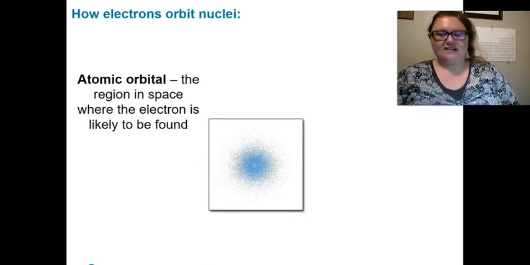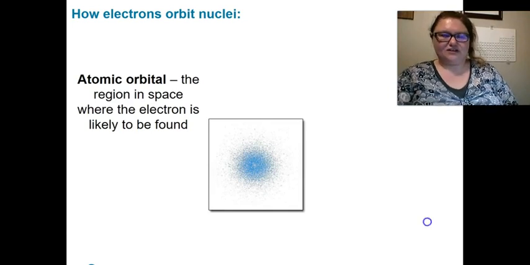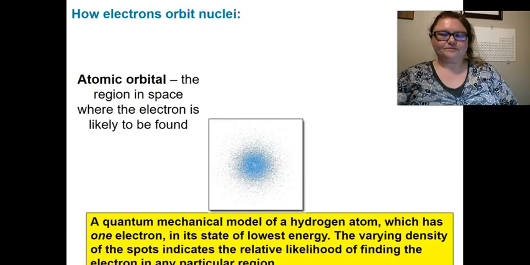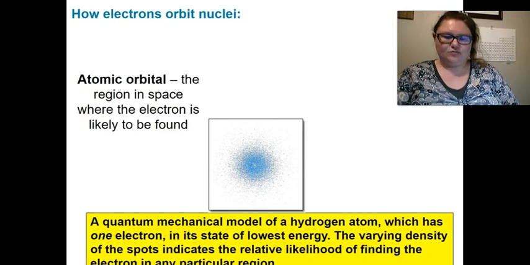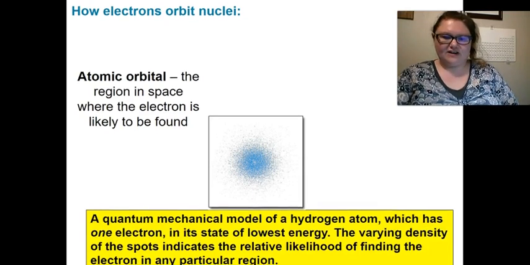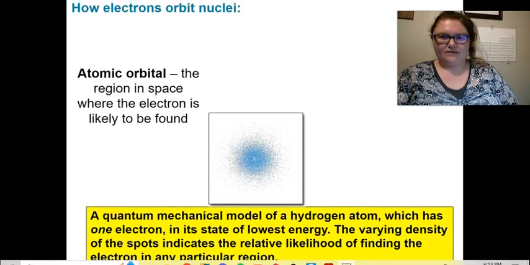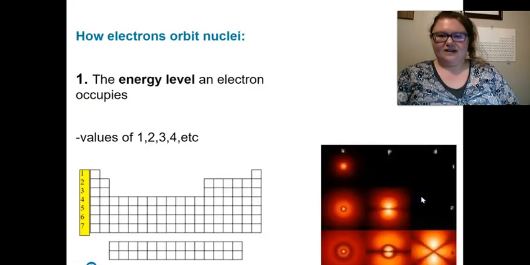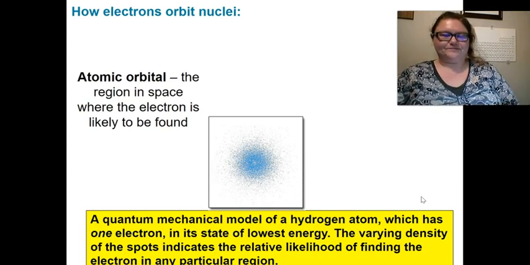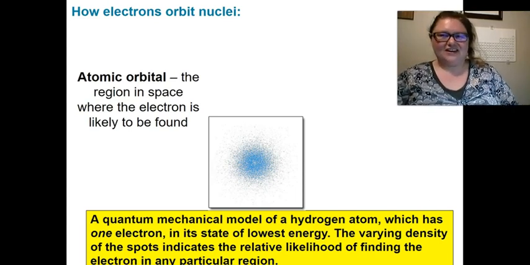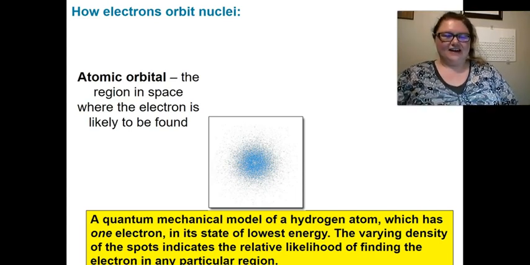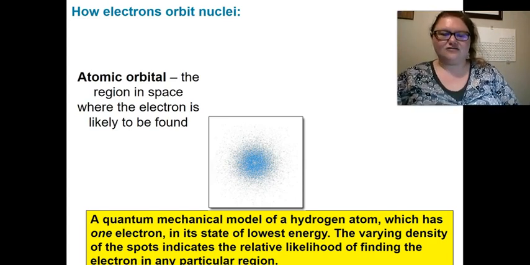Okay, here we can see a different picture. This is of a hydrogen atom. And let me just see if I can pull the screen down just a tad. Okay. I don't think that's going to stay in focus there. Sorry about that. So it's just getting cut off at the bottom of the screen there. So a quantum mechanical model of hydrogen.